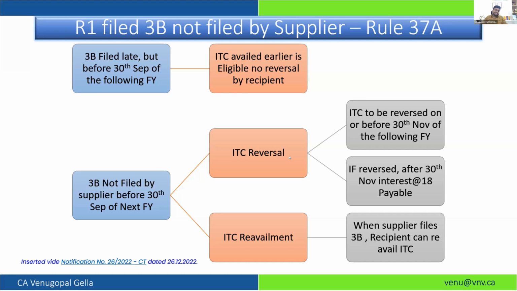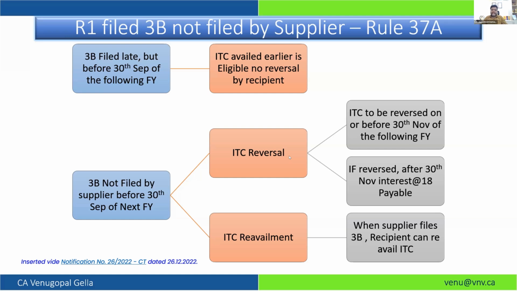If you see the first case, he has filed 3B late, but he has filed it before the 30th September of the following financial year. Then I have availed the ITC earlier, and I need not reverse the ITC because he has filed the GST 3B before the 30th September of the following financial year. If you see the second case, he has not filed his 3B before 30th September. Let's say he has filed the return in December.